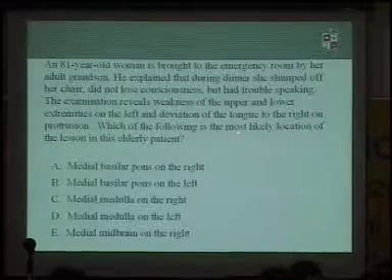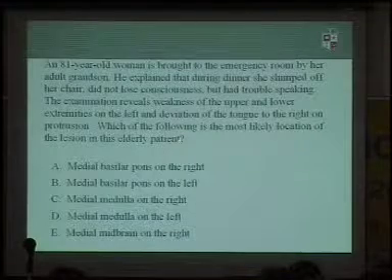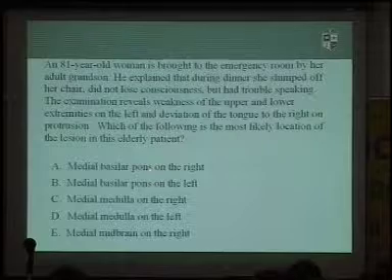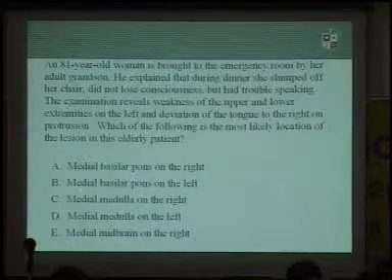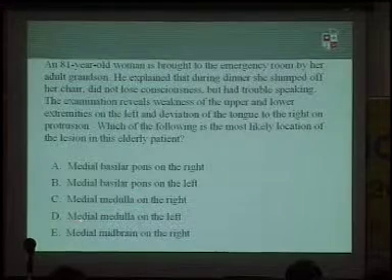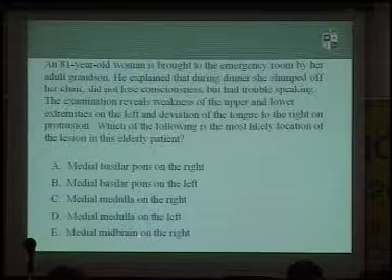Which of the following is the most likely location of the lesion in this elderly patient? Medial basilar pons on the right, medial basilar pons on the left, medial medulla on the right, medial medulla on the left, medial midbrain on the right.